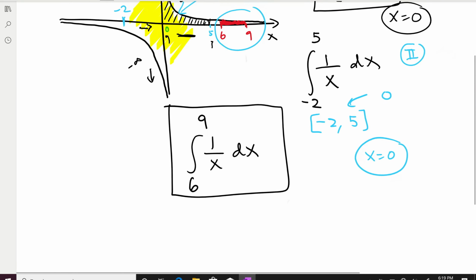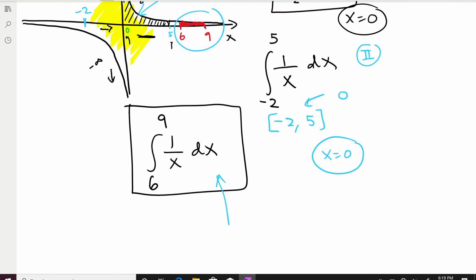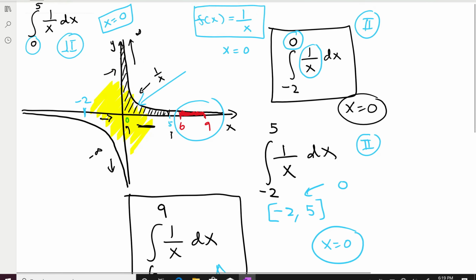Because of that, this is a proper integral. This is not an improper integral, not a type 2 improper integral. So you have to be a little bit careful. Yes, your function is discontinuous, but the point where the function is discontinuous has nothing to do with the limits of the integration. So then it's not an improper integral.